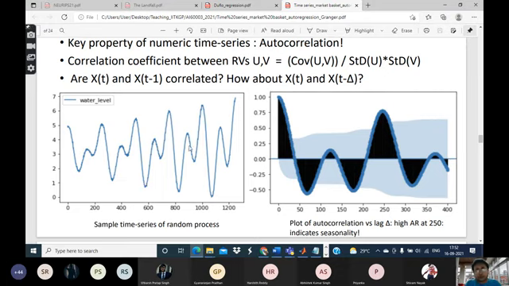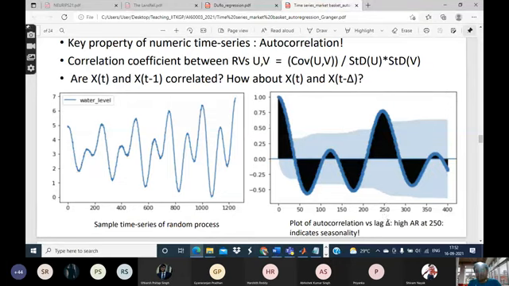So now if I make a plot of correlations in this time series, I find that the autocorrelation is quite high for certain values of lag.